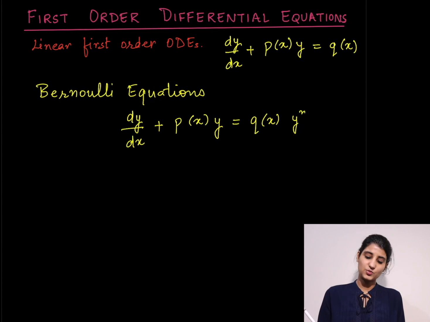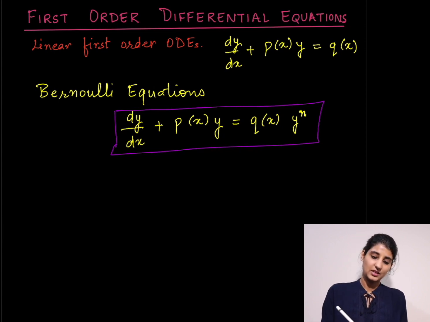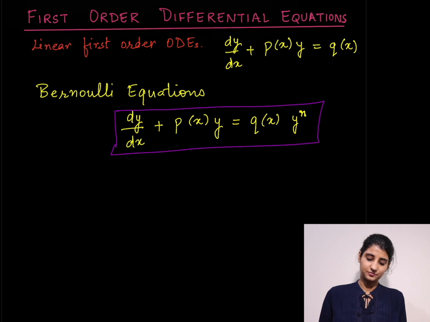So the difference between our linear first order ODE and this Bernoulli equation is this power n, y power n, multiplied with q(x). This is a non-linear ODE because it involves y power n, if n is different from 1 obviously. So this is the form of the Bernoulli equation.